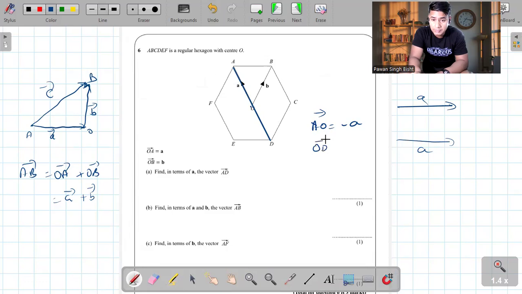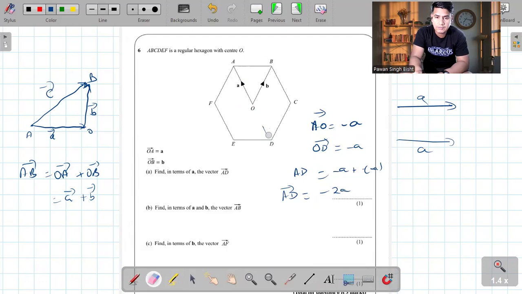OD will also be minus A, because this is a regular hexagon, so diagonals bisect each other, so OD is also negative A. So AD will be the sum of these two, minus A plus minus A. So vector AD will be negative 2A, right? Okay, now understand. So vector AD will be negative 2A.